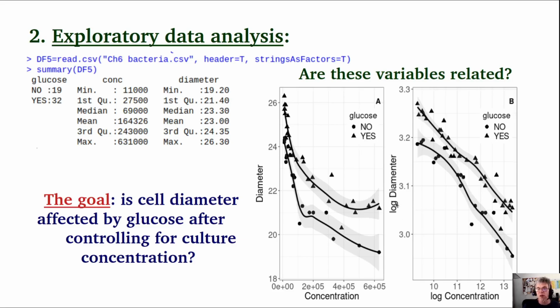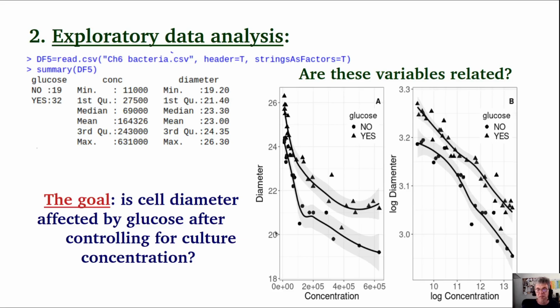When I now plot, in order to linearize the negative exponential relationship between diameter and concentration, in log-log space, this roughly shows a linear relationship between the two. So the variables are related, yes.